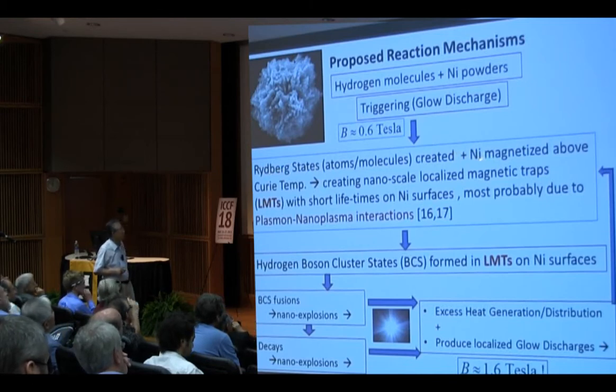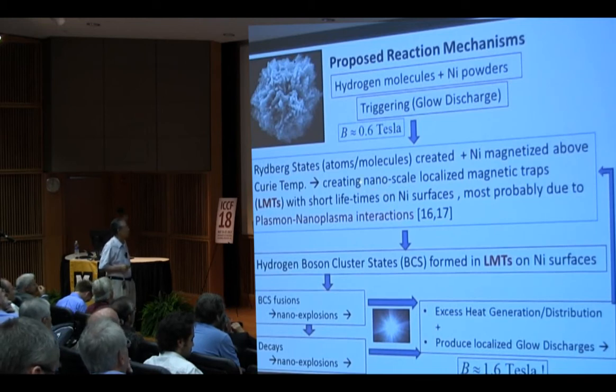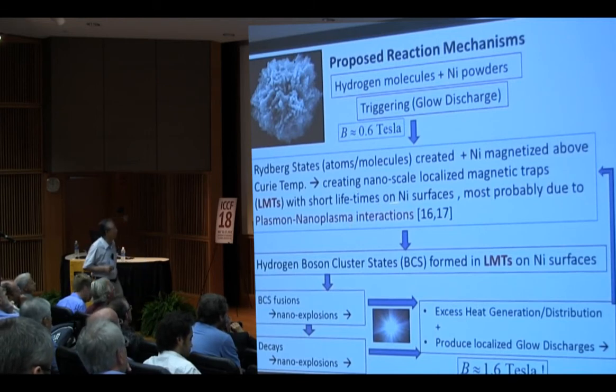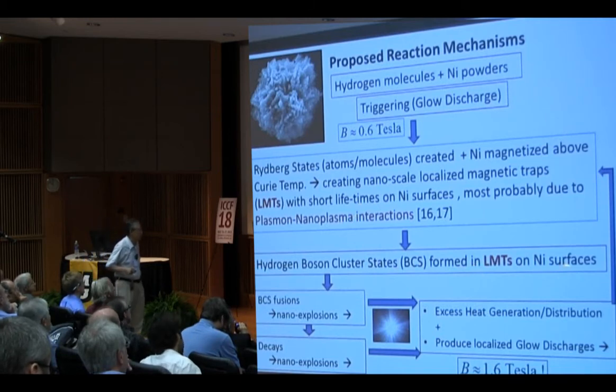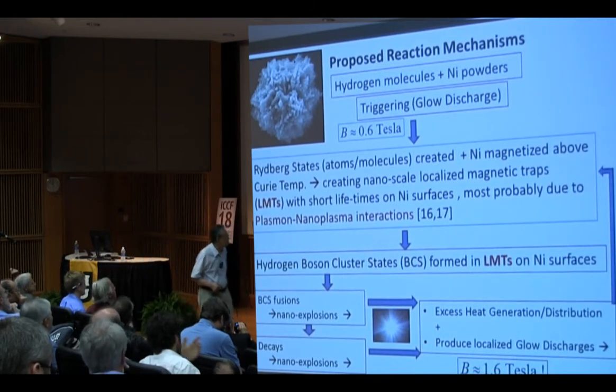And nickel is magnetized above Curie temperature, as I discussed before, and creates many localized magnetic traps on the surface. Those traps will trap the many clusters, and once that happens, then my theoretical description can take over.